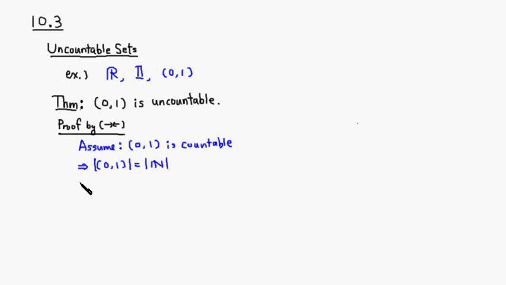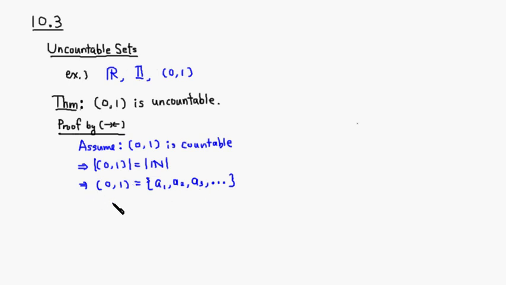Which means that we can list the elements. So (0, 1) can be listed as, say, a1, a2, a3, and so on. These are the real numbers between 0 and 1, so we can write the decimal representation for each one.